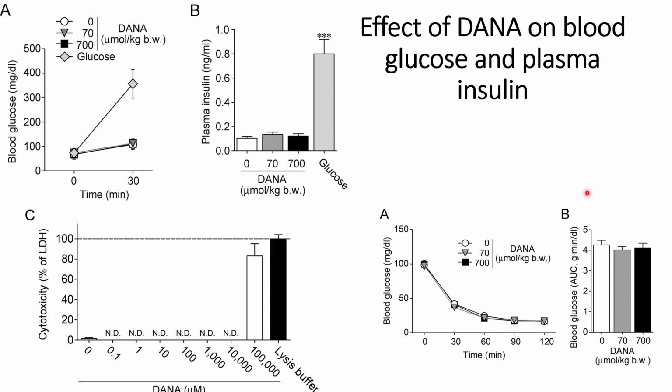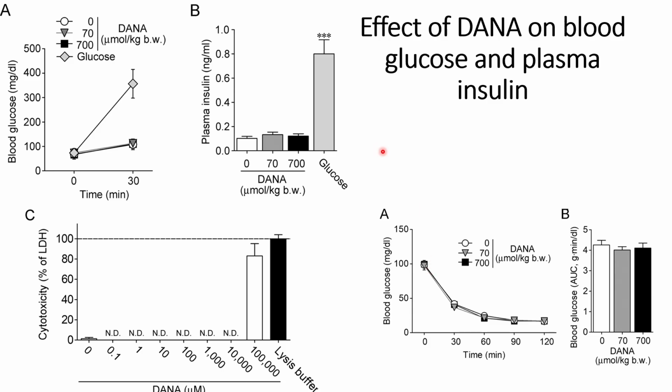If glucose levels are beyond 8.3 millimolar, then they can see the effect of DANA on insulin enhancement. Otherwise, they do not see the effect of DANA on the blood glucose and the plasma insulin that they checked on the mouse models in both cases separately.